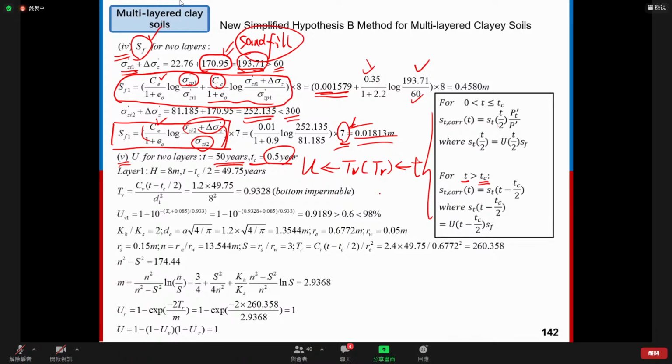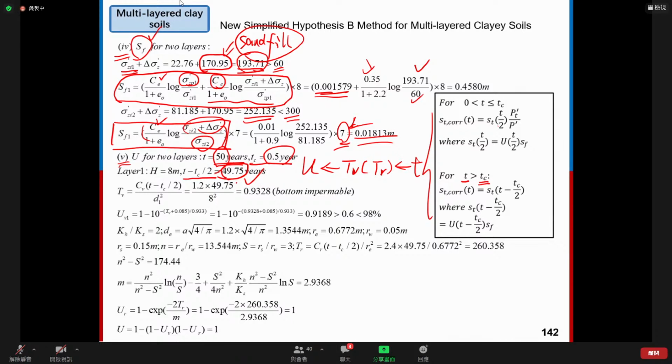We just use T minus TC over 2 to do the correction. Later, we will all use this time rather than 50. We call it the corrected time due to the construction period. So this is the first thing. We do the correction, and we use it.